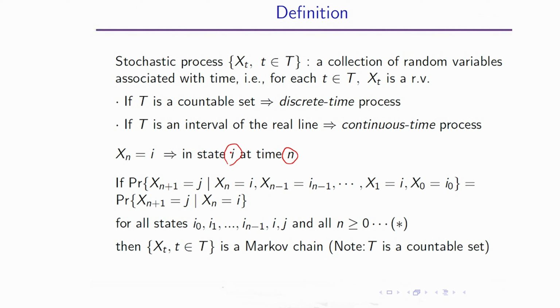If the following property is satisfied, then we call X_t a Markov chain. This property, as will be described later, is called the Markovian property.